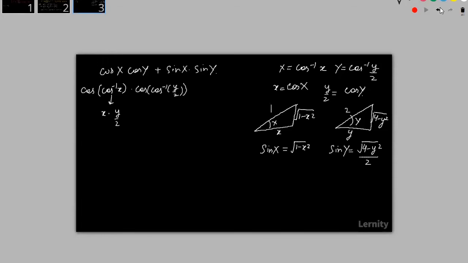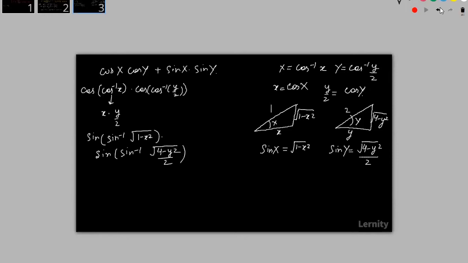Sine of capital X I can write as root of 1 minus x square, okay? And this thing I can write as sine of capital Y, which is under the root of 4 minus y square by 2.